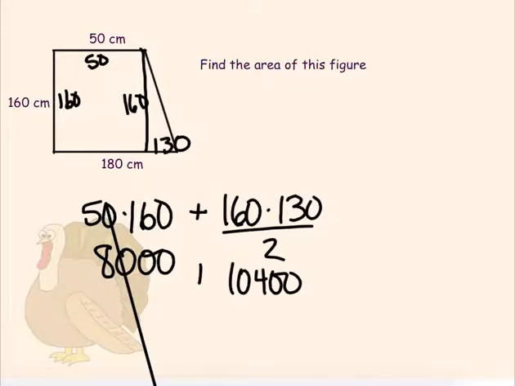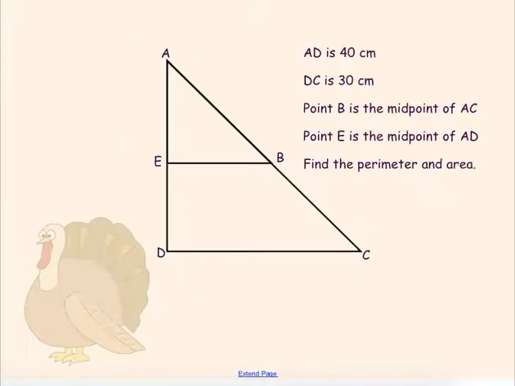And we need to add these together so that we get 18,400 centimeters squared. So split it up into less complex shapes so that you can say, I know how to find the area of this one shape and the area of the other.